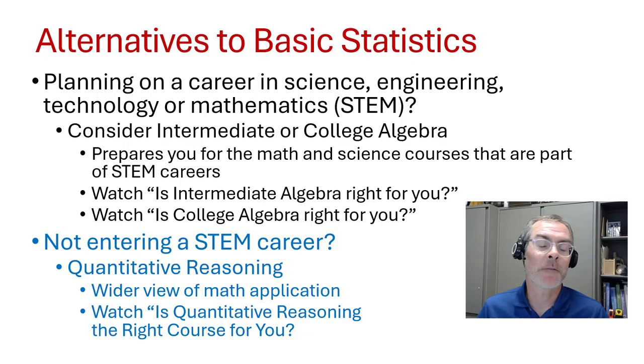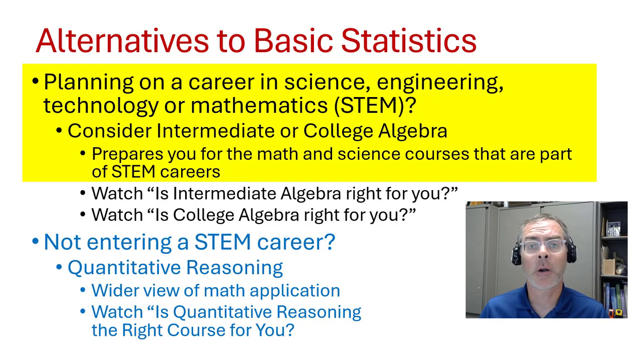Now, at this point, you might feel pretty good that Basic Statistics is the course that you want because you're planning to transfer, you want to build your statistical understanding, and it's within your career path. But there are alternative courses that you can take, both to transfer and count towards Western's associate degrees.